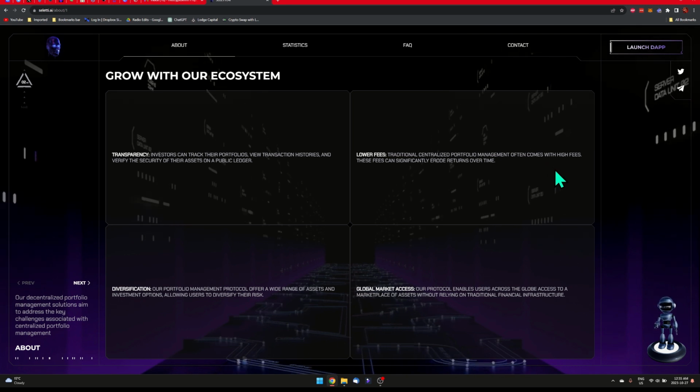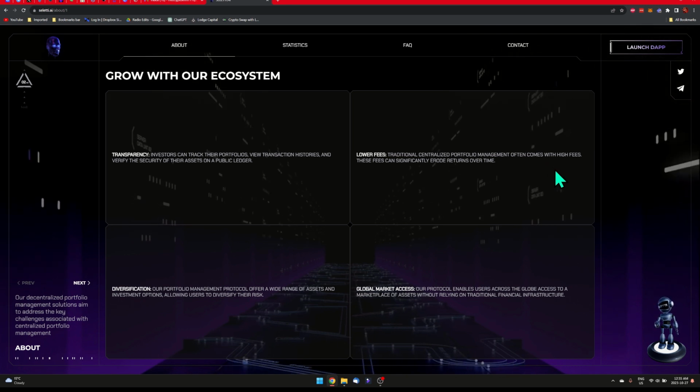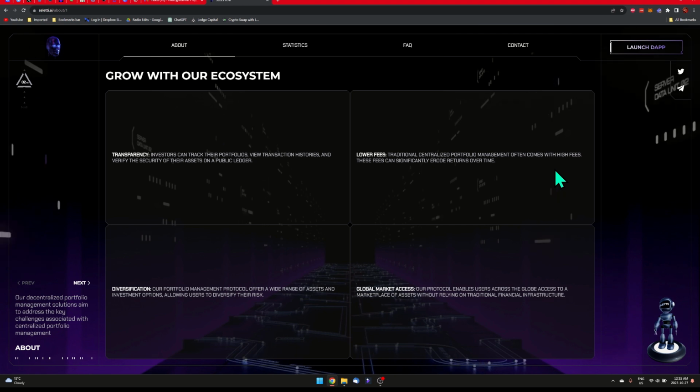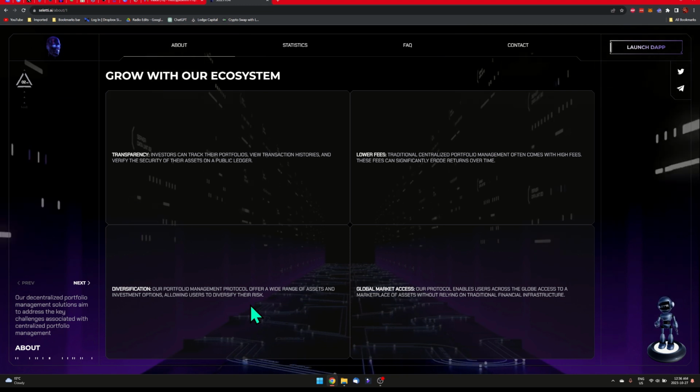Now these fees are lowered with Seletti because they eliminate a lot of the middlemen that take care of these kind of transactions. They do a lot of diversification. As I said earlier, there's different kind of portfolios, so there's different areas and a wide margin of assets that you can invest in, with little amounts to bigger amounts. So it's really depending on everybody's risk tolerance.